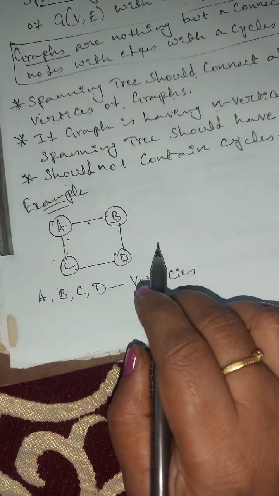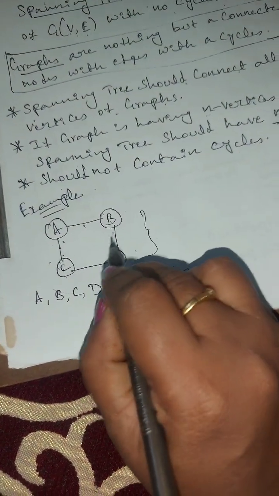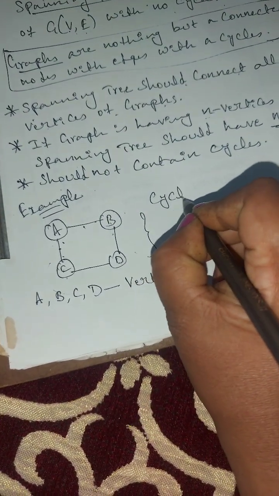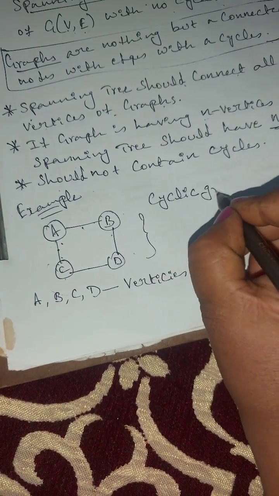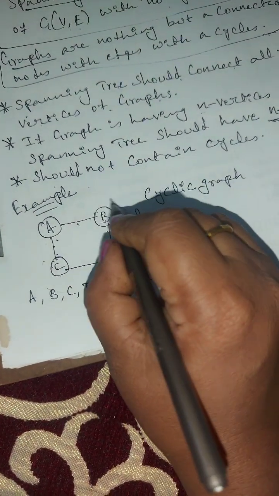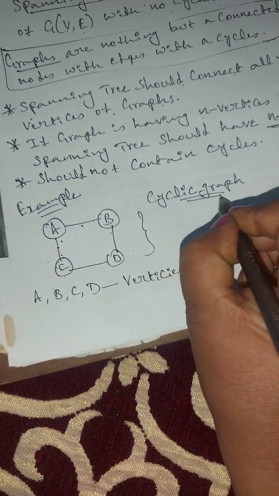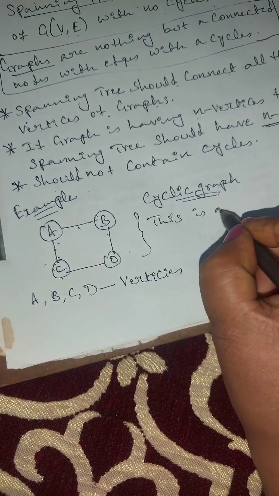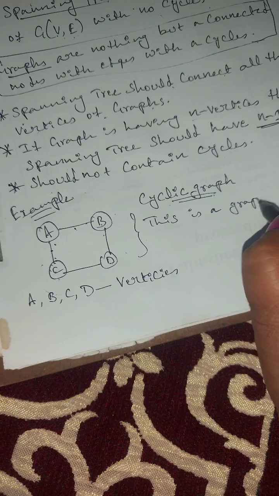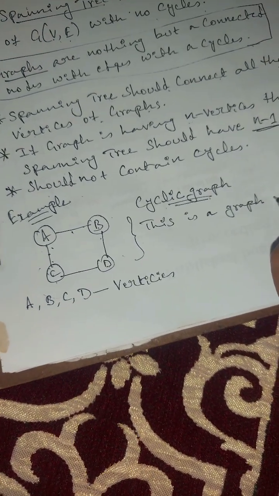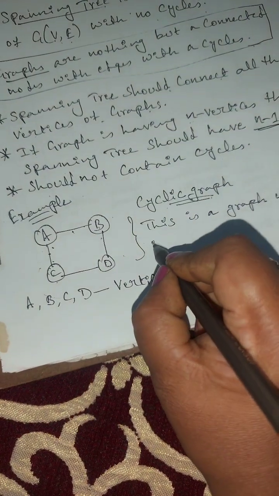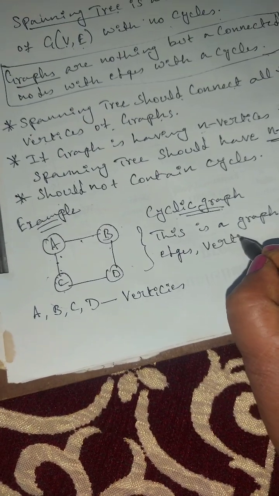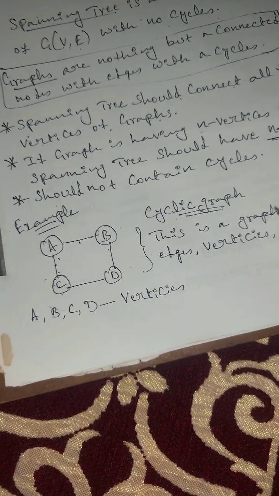So this graph is called a cyclic graph. What is a cyclic graph? It is a graph with edges, vertices, and cycles.